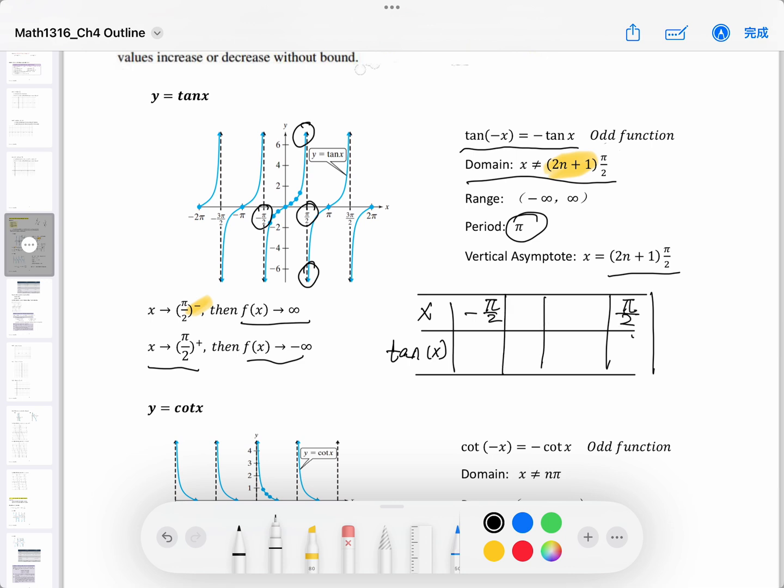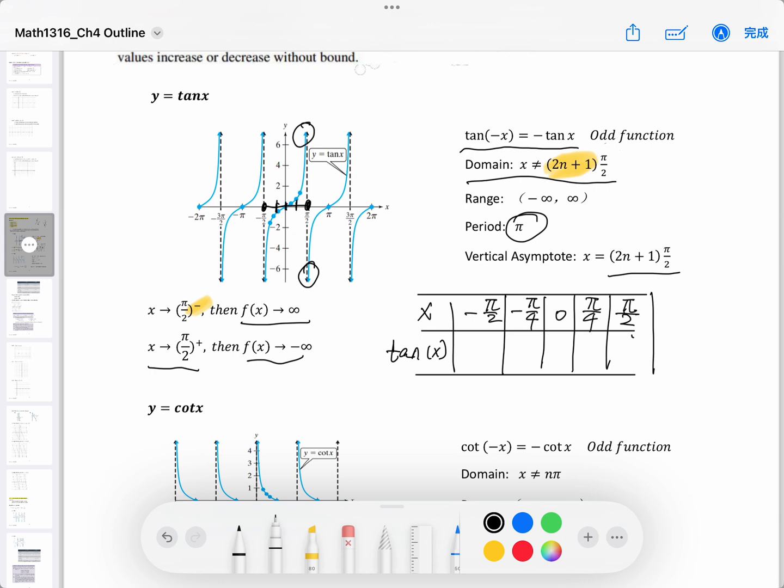In the middle, we need 3 other x values. So we can divide one full cycle into 4 equal parts, from negative half pi to half pi. So the x values are negative pi over 4, 0, and pi over 4.